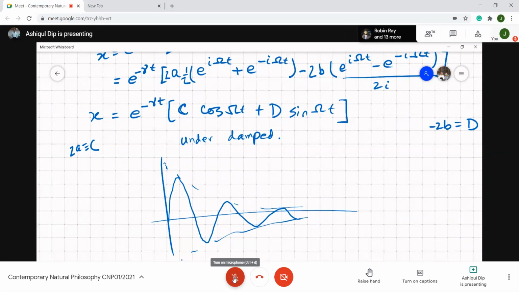Like x has to be real. So for any real number, the complex conjugate of it, like x star, has to be equal to itself, right?